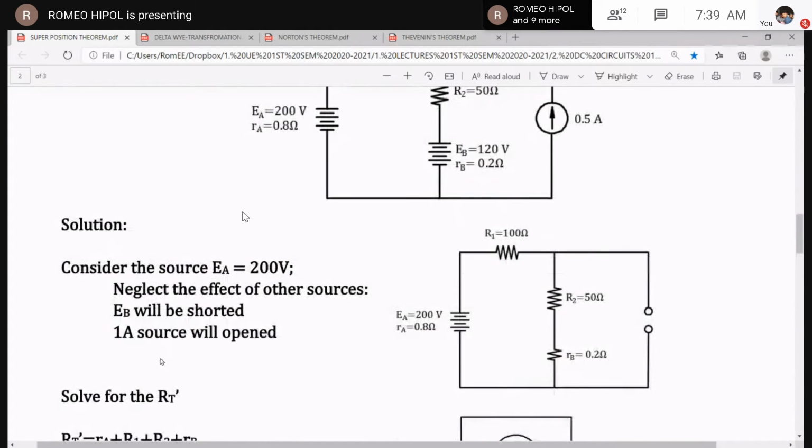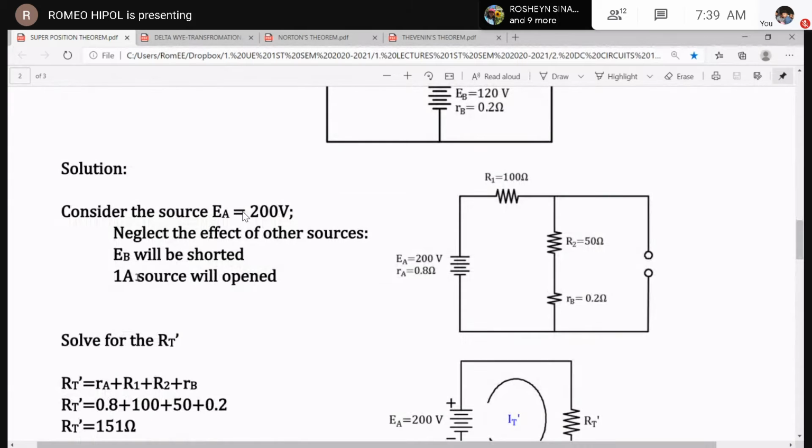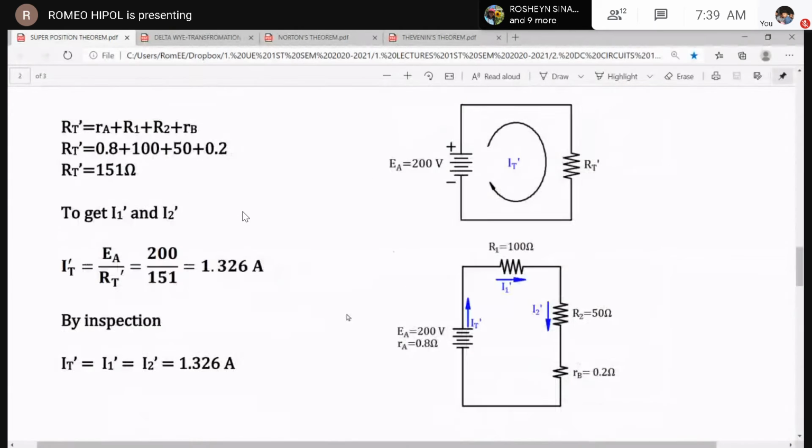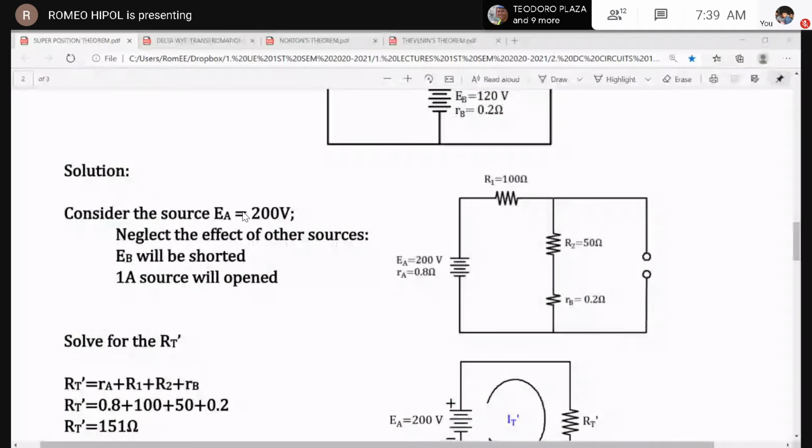Wait lang. Hindi pa rin na-edit ko. Na-edit ko na. Wait ha, double check ko lang. Binago ko na yun.